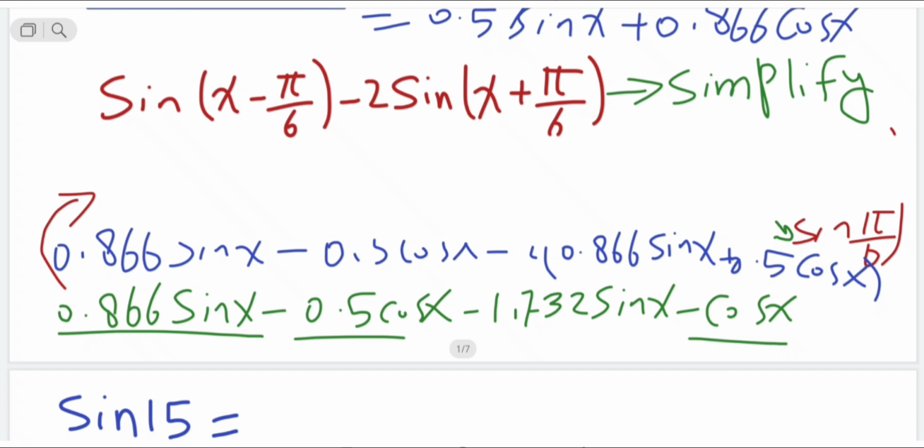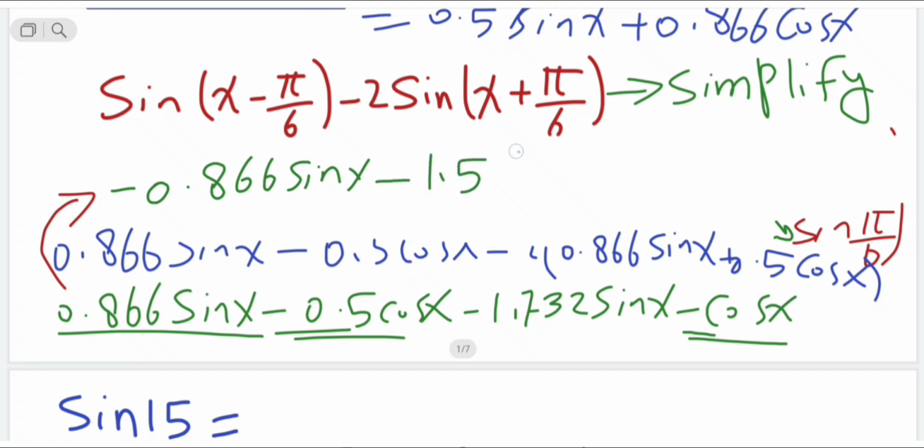So first you will add the sin terms: 0.866 minus 1.732, which is equal to minus 0.866 sin x. Then minus 0.5 minus 1, which is equal to minus 1.5 cos x. This is our answer. After simplifying, we got this. I hope you understood this one.